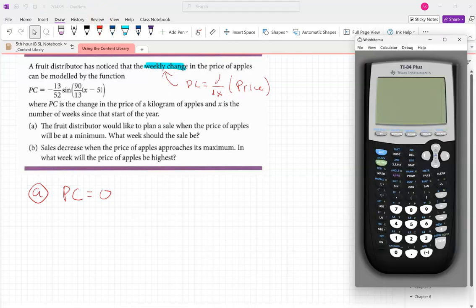On your calculator. Now, important note here, what mode is our calculator going to be in for this problem? What do you guys think? Degrees or radians?